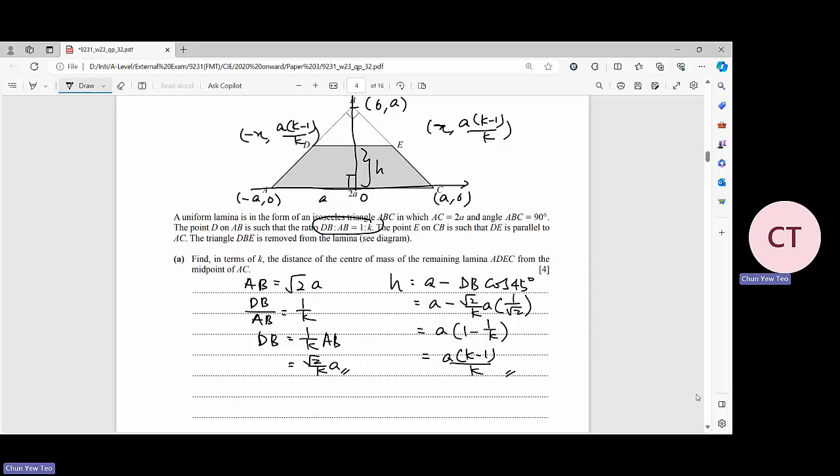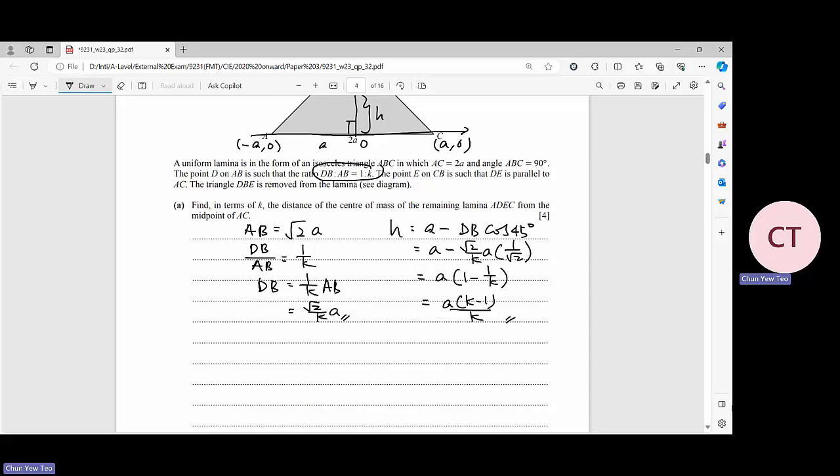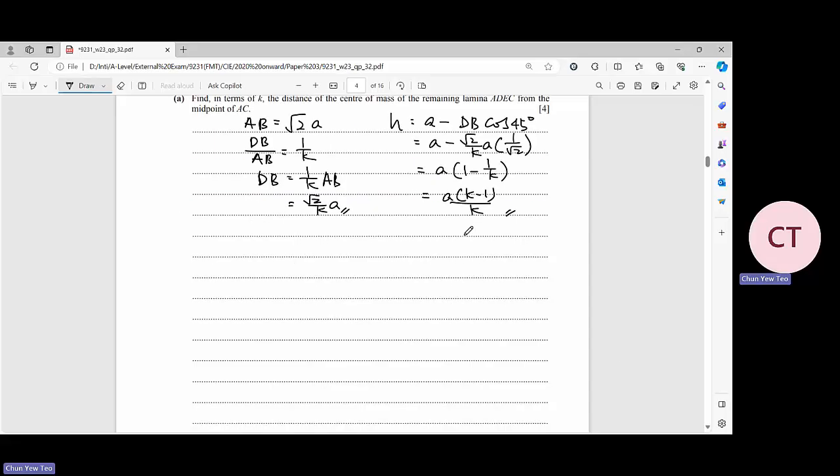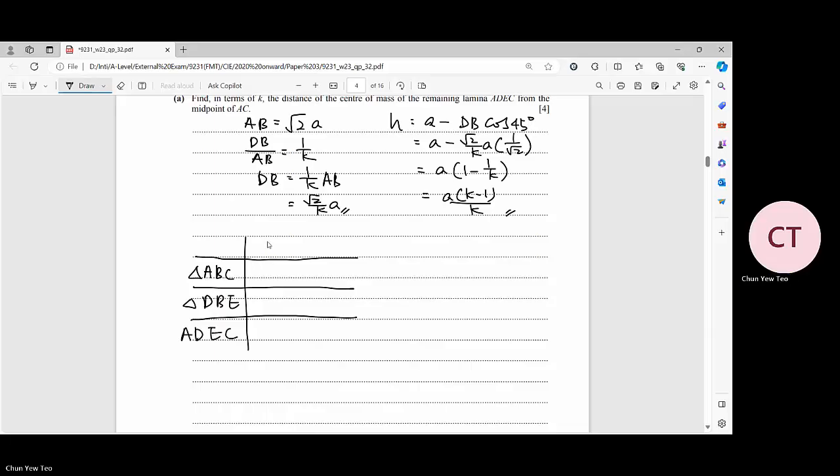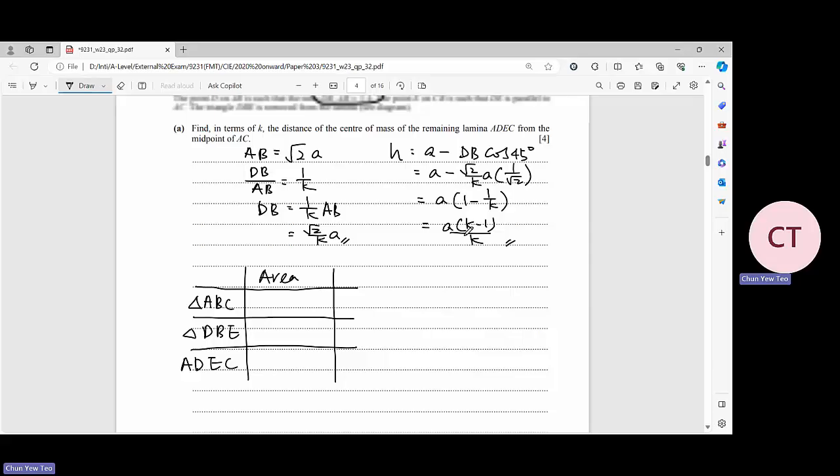Now we are ready to find the center of mass. To find the center of mass, we build the table. The triangle ABC, the bigger triangle, minus a smaller triangle, the smaller triangle is DBE. Then the remaining one that you have is ADEC. Since they are using the same material, we can use area, no need to use volume.